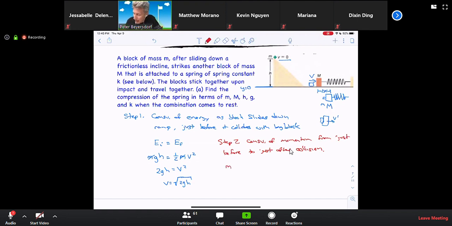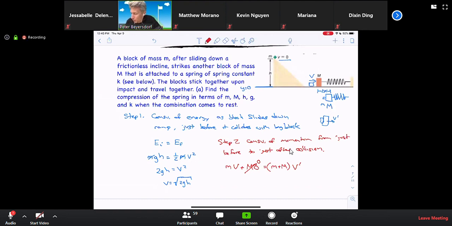Okay, so initially we have this small mass m moving at some speed v, which I just calculated. And the big mass is not moving, so it has no momentum. After the collision, they move together as one common object. So I treat them as having some total mass, little m plus big M, and moving at some speed that I'm going to call v prime.